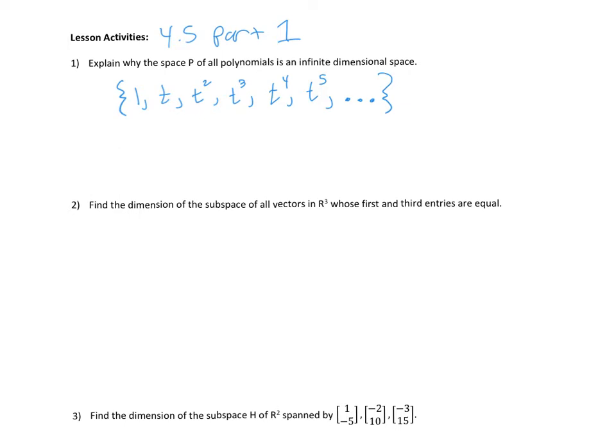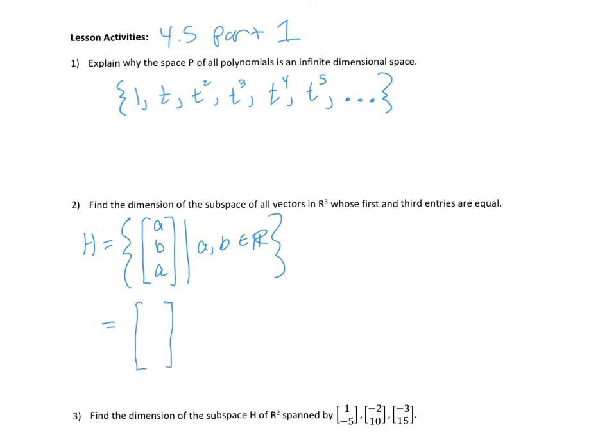Find the dimension of the subspace of all vectors in R3 whose first and third entries are equal. So we're looking at a subspace, we'll call it H. It's the set of all vectors that look like (a, b, a). First and third entries are equal. A and B are real numbers. If I rewrote that in parametric vector form, I would need a vector for each variable.